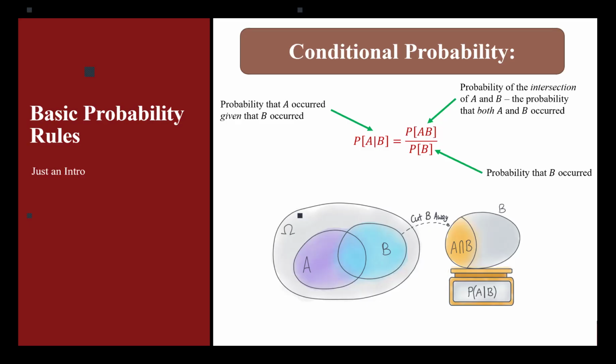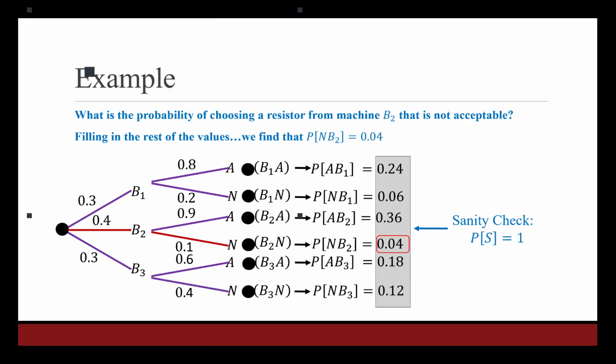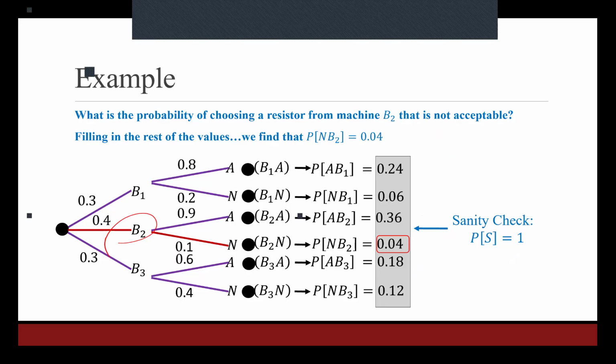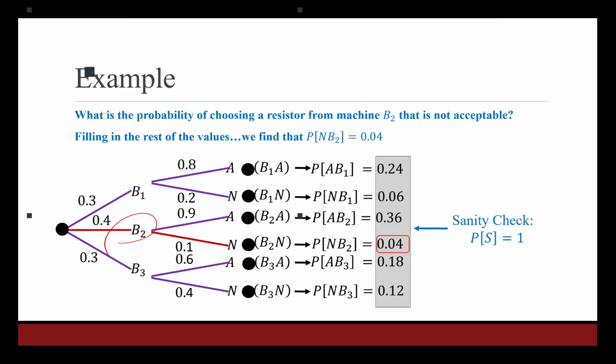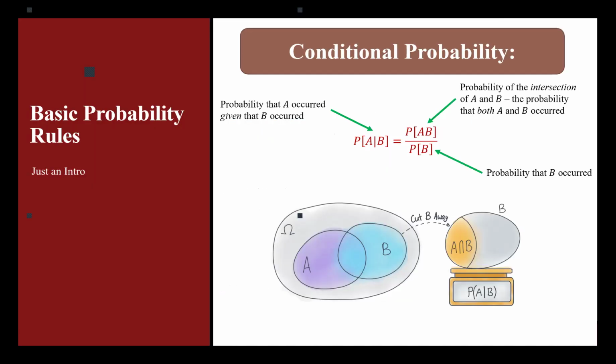Like let's say in the previous one, we know that B2 happened. So all the branches on B1 and B3 are not going to happen. They are 0. So we condition our probability.